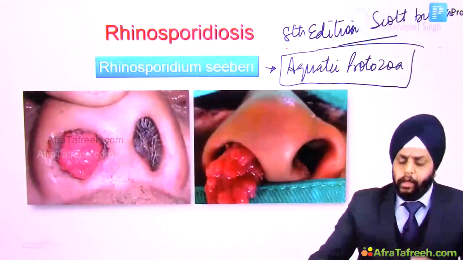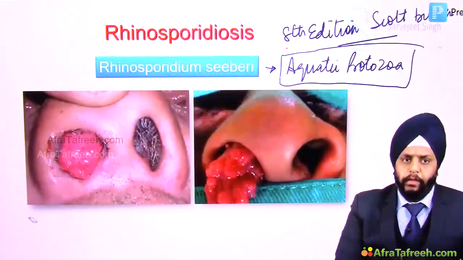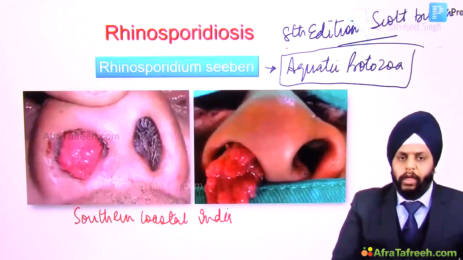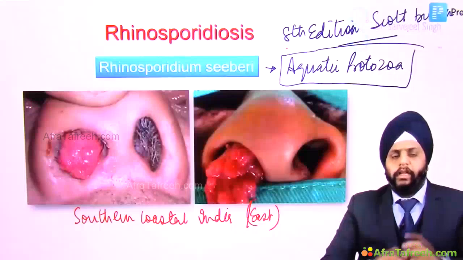Now where is this disease found? This disease is found only in a few countries, few places. Which places? Southern coastal India. Okay, which coast? Our eastern coast. What is there on the eastern coast?